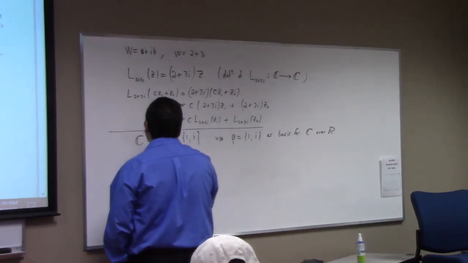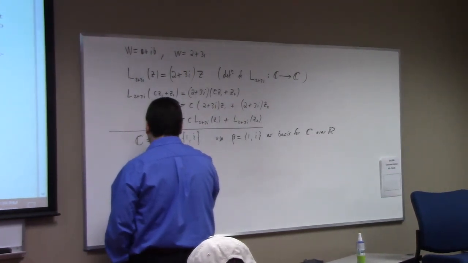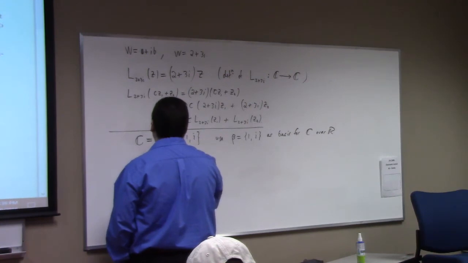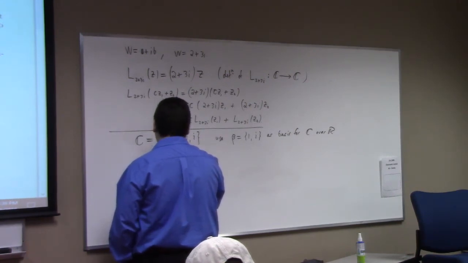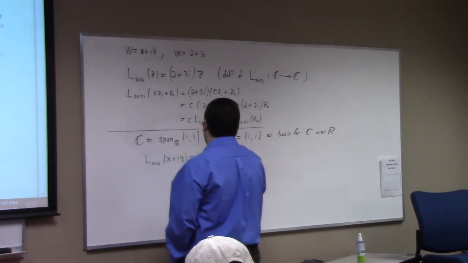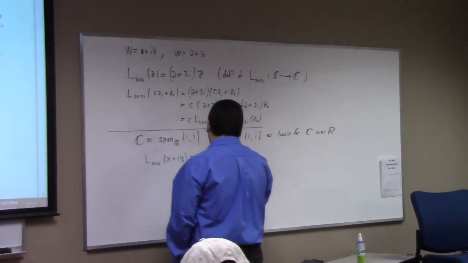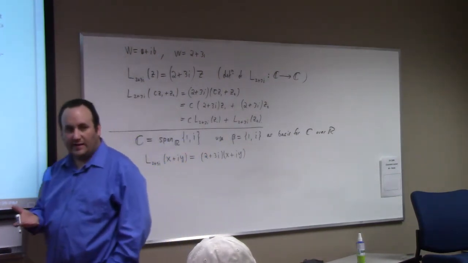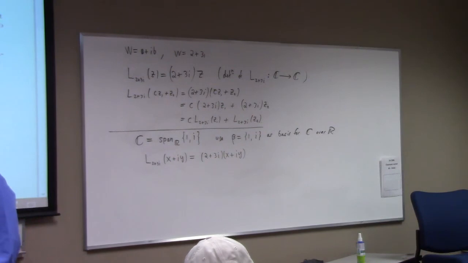So I'm going to look at L sub 2 plus 3i of z. What an obnoxious name for a map. Let's write z as x plus iy. That's going to be equal to 2 plus 3i times x plus iy. Right now what I'm trying to do is find the formula of the map.